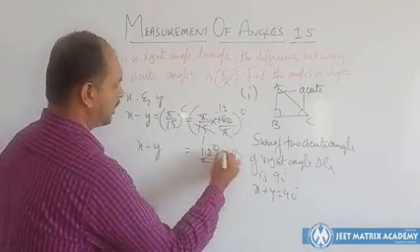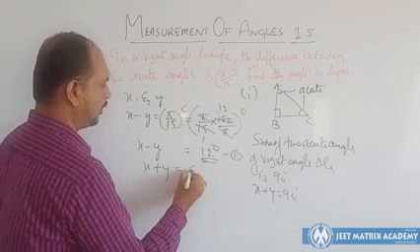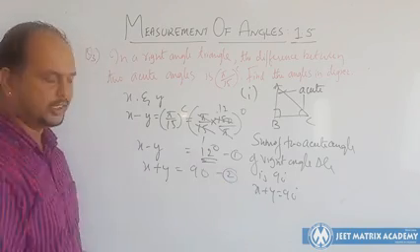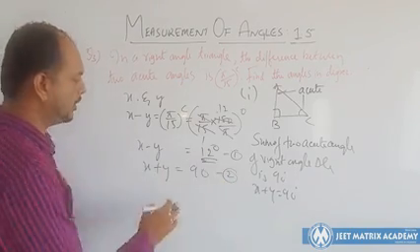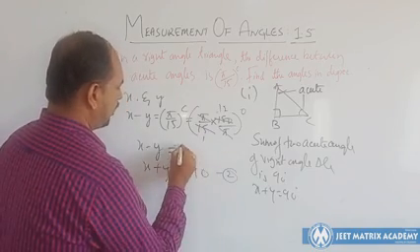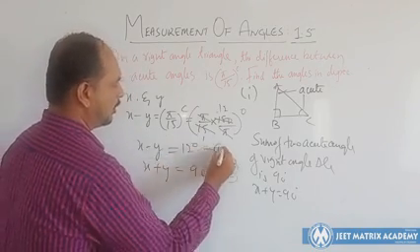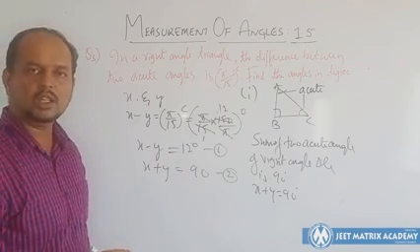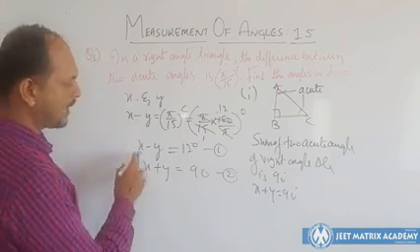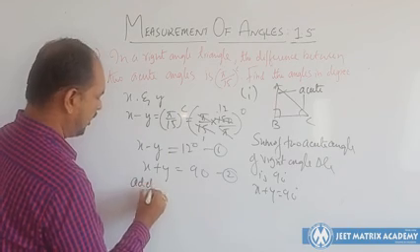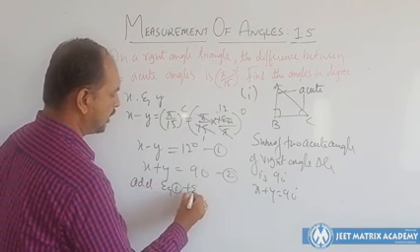So this is one equation, x plus y equal to 90 degrees, and the other is x minus y equal to 12 degrees. Solve these two equations, equation 1 and 2. How to solve them? Just add equation 1 plus equation 2.